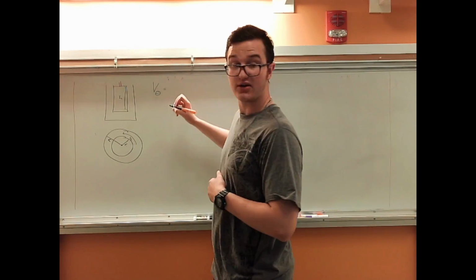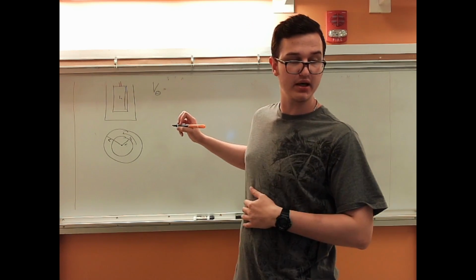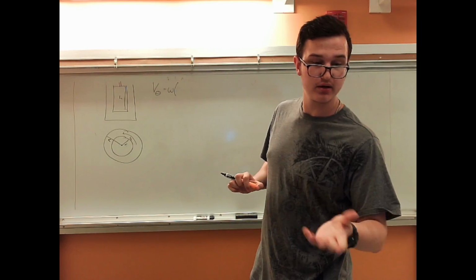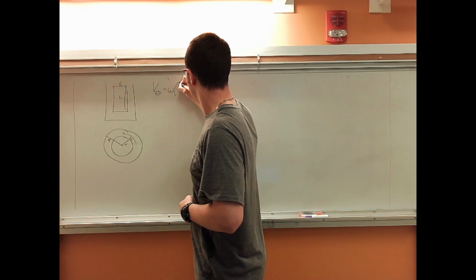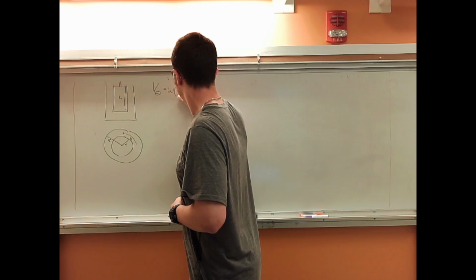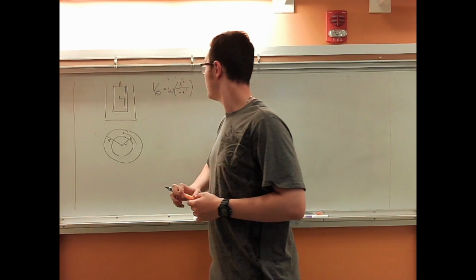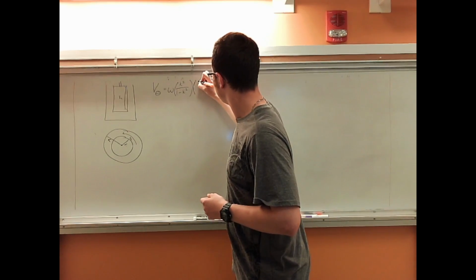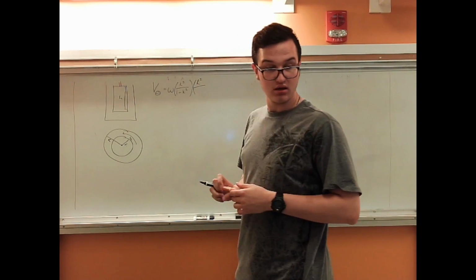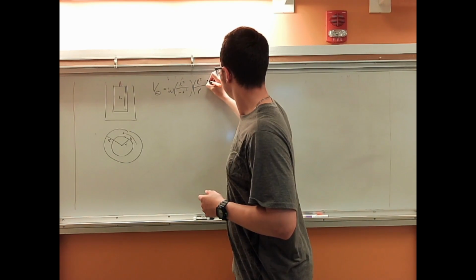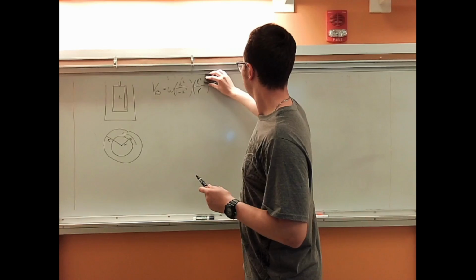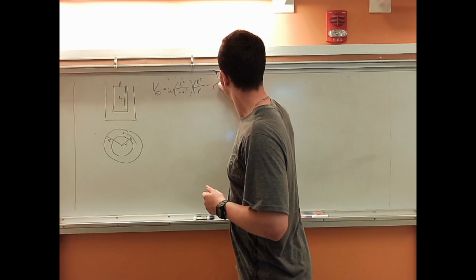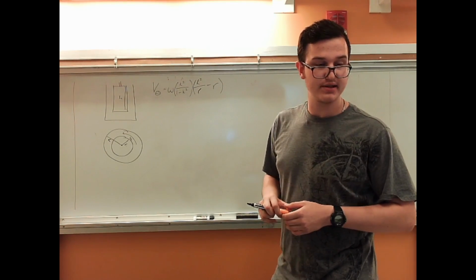So the angular velocity is equal to omega, that's that w, multiplied by k squared, k is the ratio of inner to outer radii, k squared divided by 1 minus k squared multiplied by R squared divided by r, where big R is the outer radius and little r is some inner radius, again minus that inner radius.